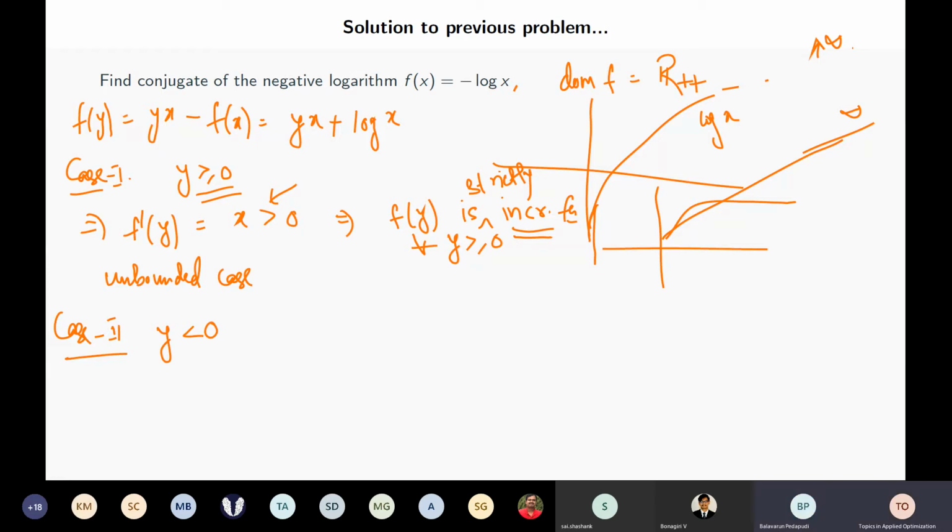So this will also be unbounded, right? So if y is less than 0, yeah. Will this be bounded or unbounded?